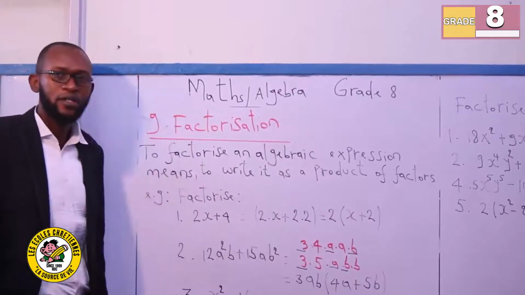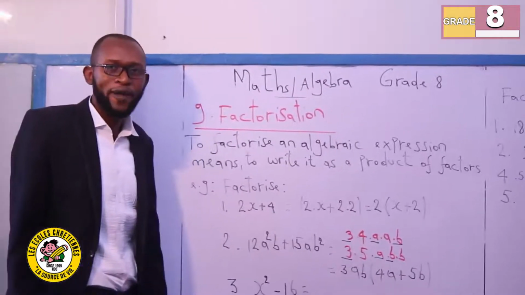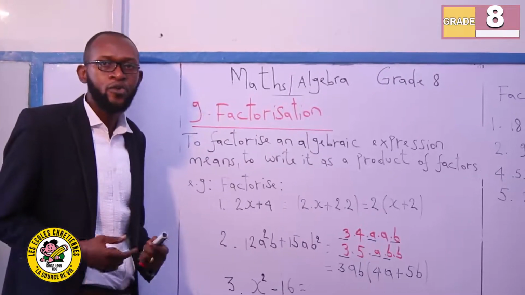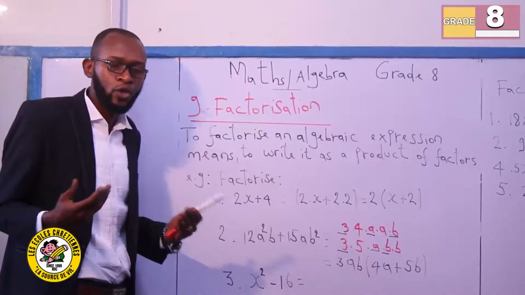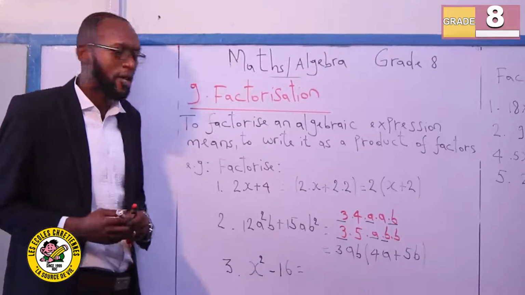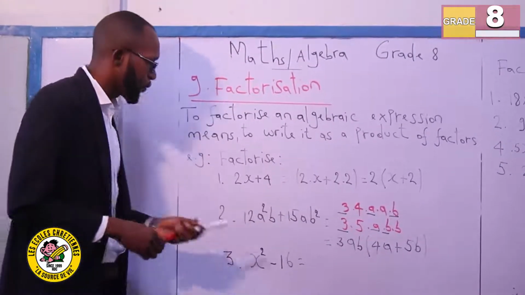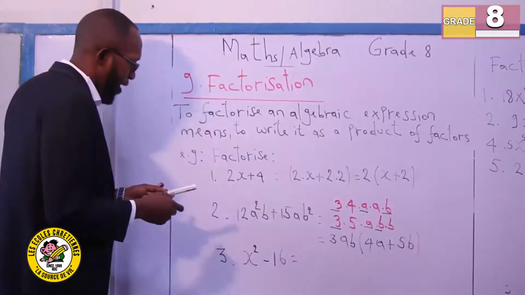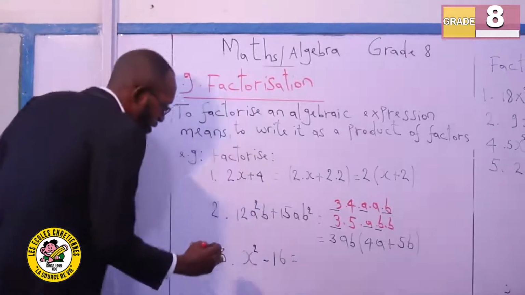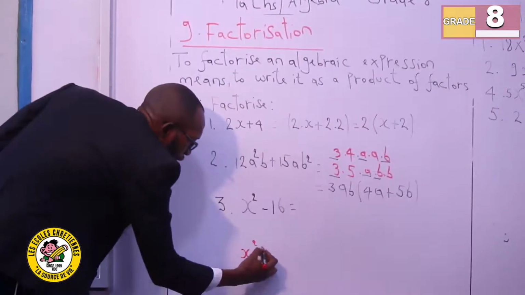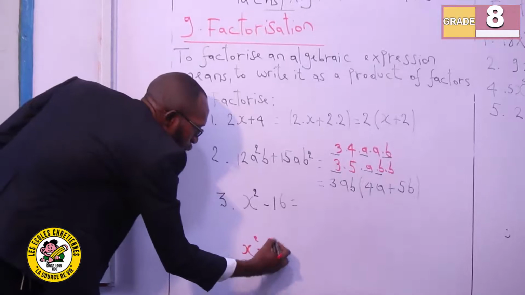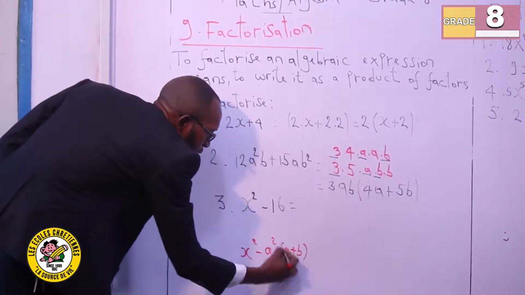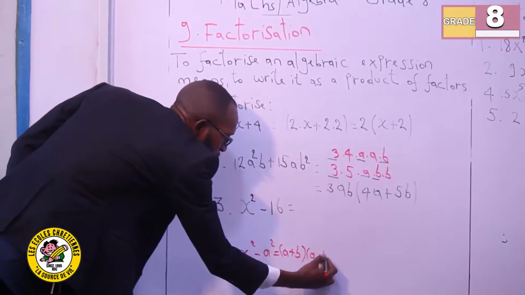Now the last one. This one, if you want to factor, you have to use the property that we learned during those algebraic identities. So here, if you remember, we say this: x squared minus a squared equals a plus b and a minus b.